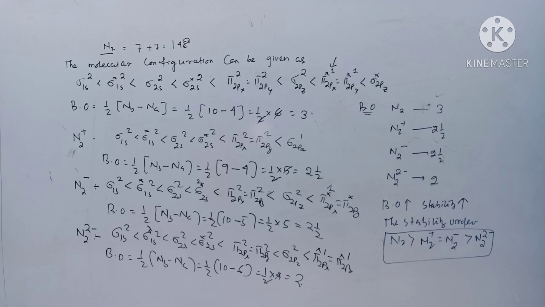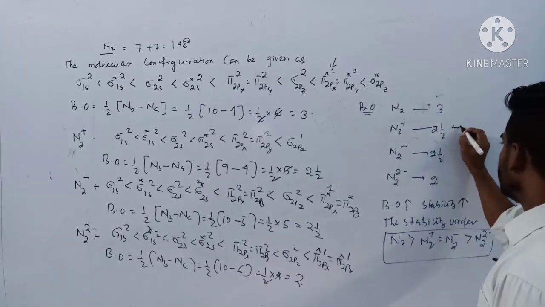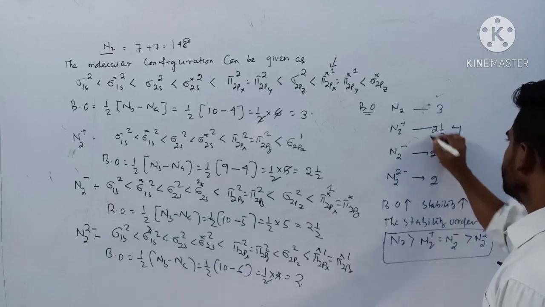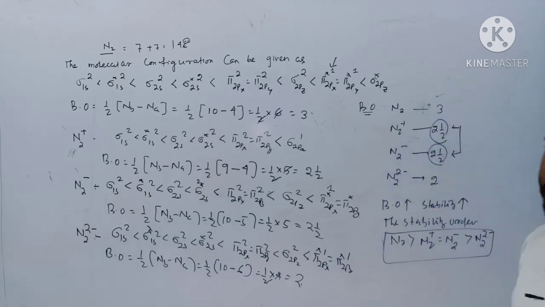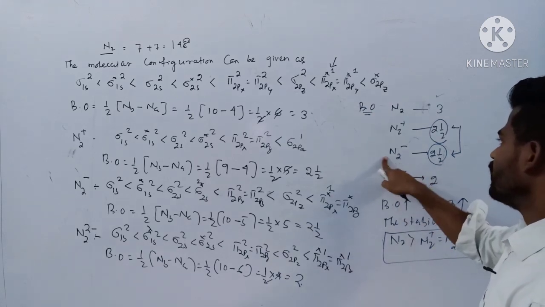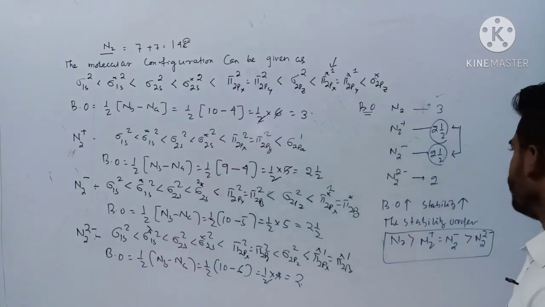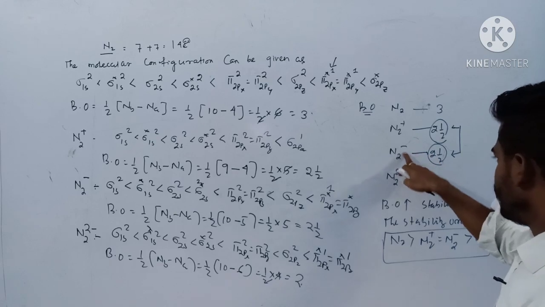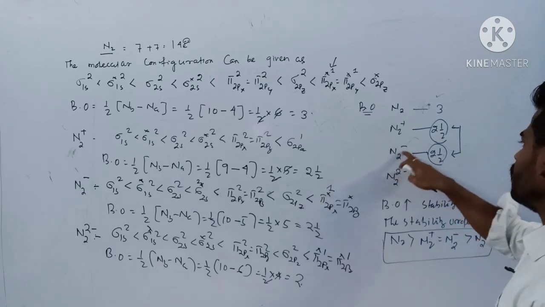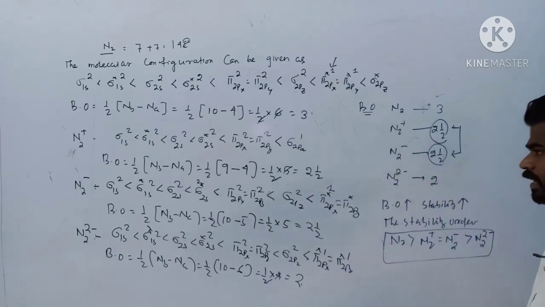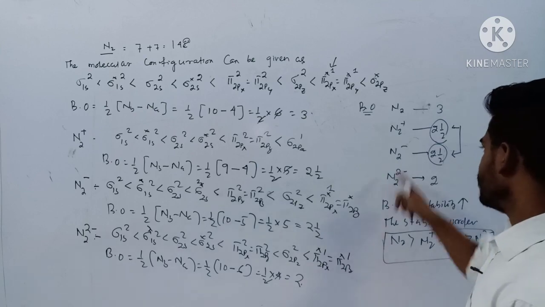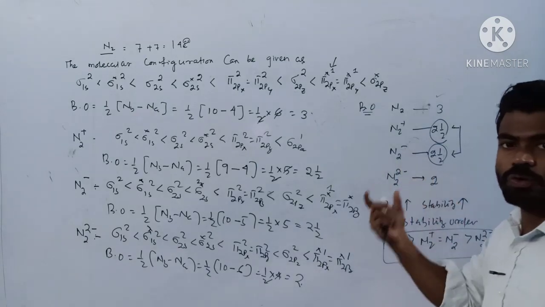But one fundamental thing over here is, if you compare N2 plus with N2 minus, they have the same bond order. But practically N2 minus becomes less stable than N2 plus. Why? Because of one extra electron over here, the bond pair electrons are negatively charged and this negative charge repels one another.